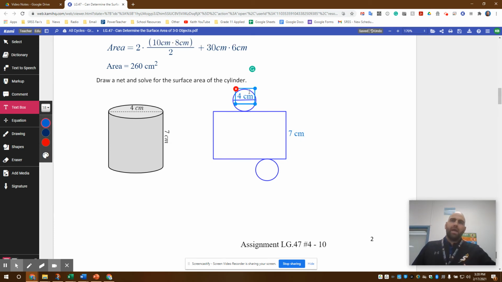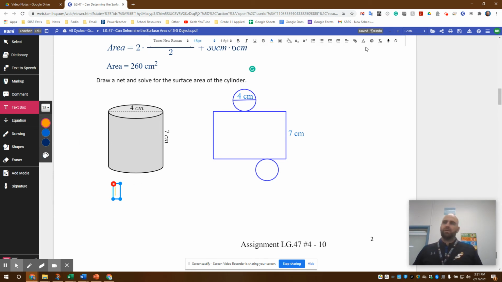Okay, so we have our 2 circles, as well as our rectangle. Now, a rectangle, again, this length here on top is going to be the perimeter of the circle. And so again, we're going to do something very similar to the other examples: to find that rectangle, we have to do the base perimeter, which is the circumference, times the length, which is 7 centimeters in this case here.